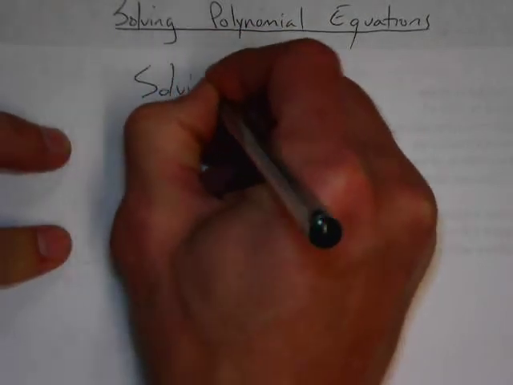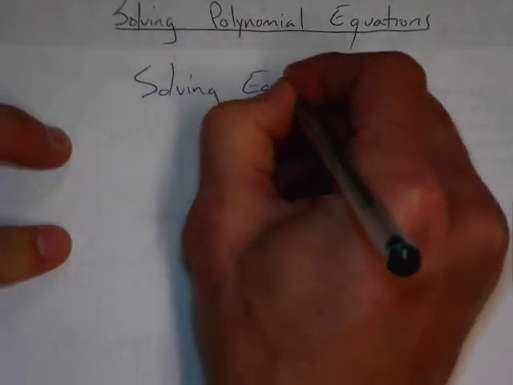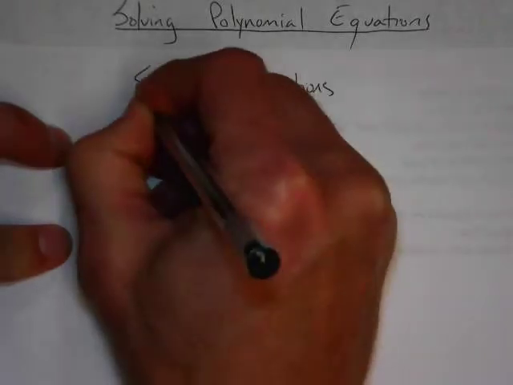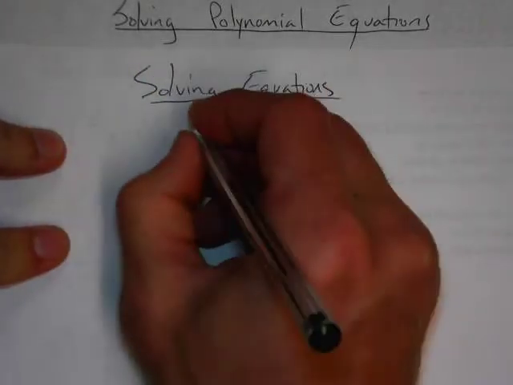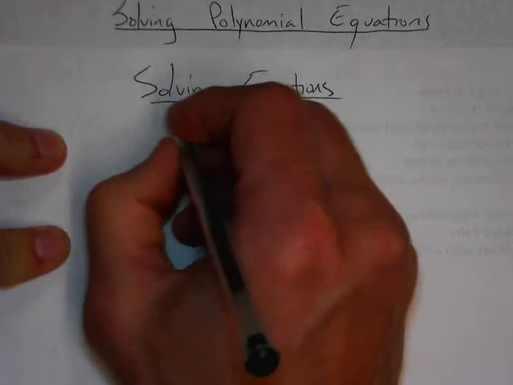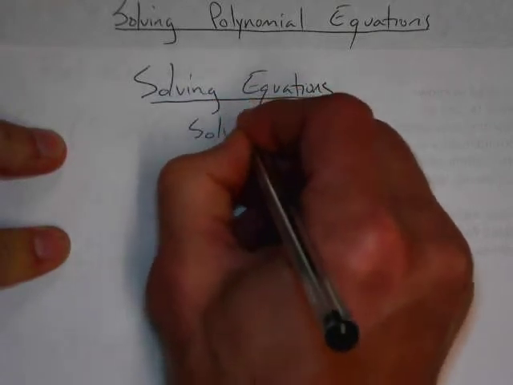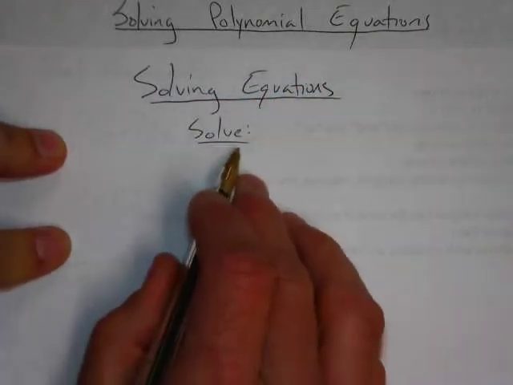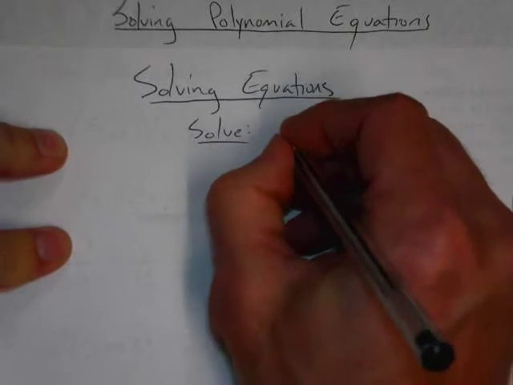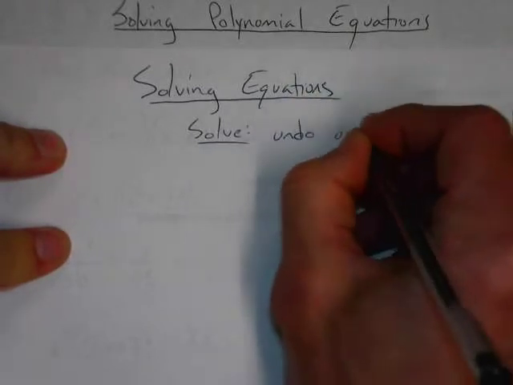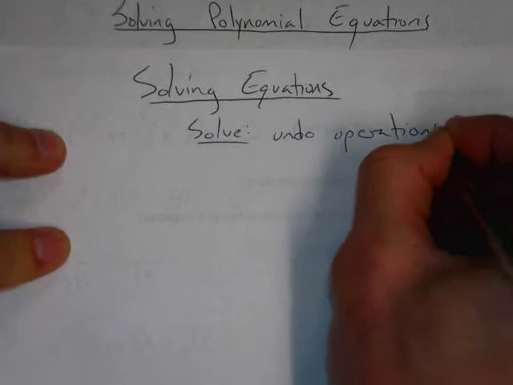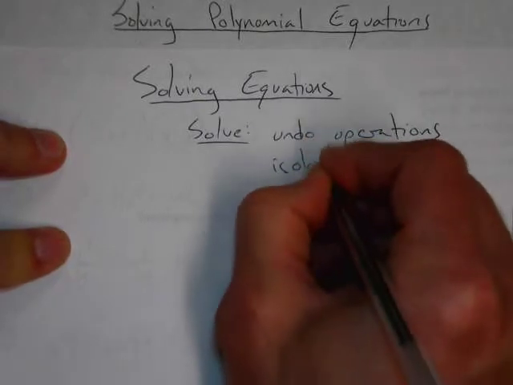Remember what solving equations is all about. It's about undoing operations and isolating the variables. So whenever you see the word solve in the instructions, what that means is we're going to be undoing operations and isolating variables.